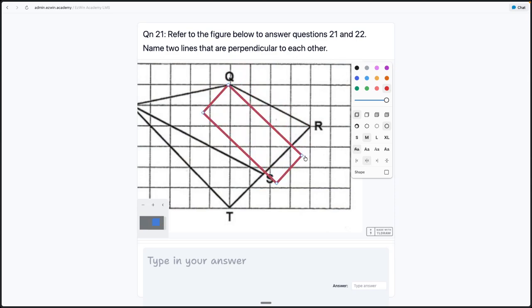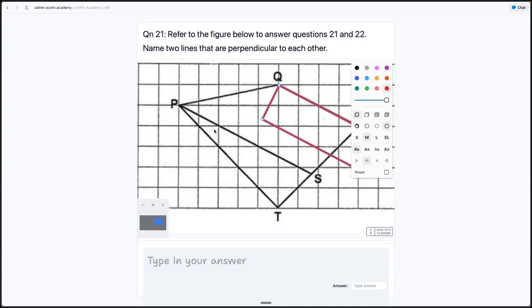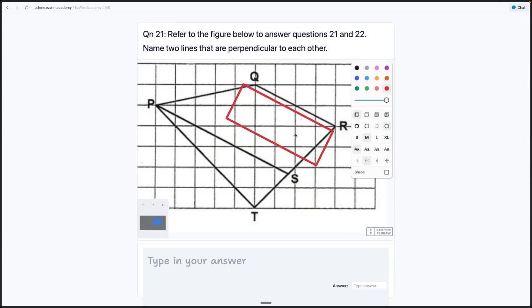And then if you were to rotate QR, so PQR is not perpendicular. Then is PQ, PS perpendicular? Nope. Is RSP perpendicular? Nope. So let's try TPQ.